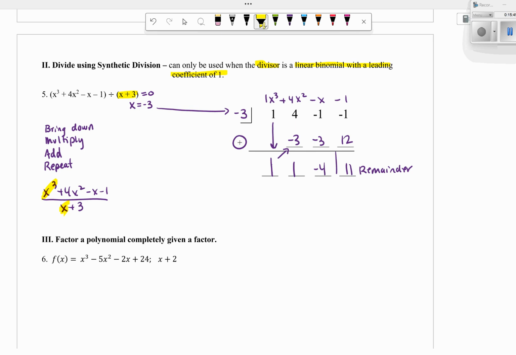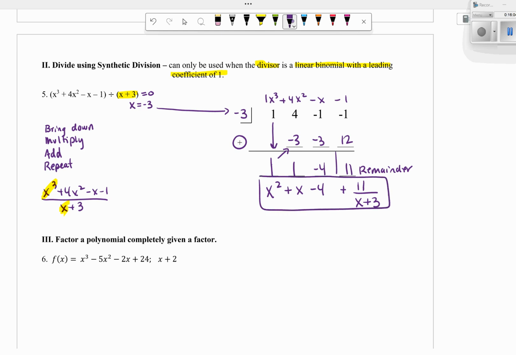So it's always 1 less than your dividend. So this would be x squared plus x minus 4, and the remainder is positive, so plus 11 over our divisor x plus 3. And that was for our synthetic division.